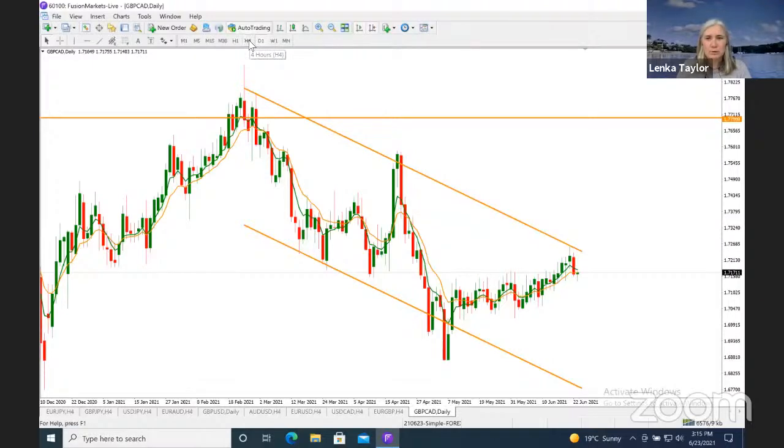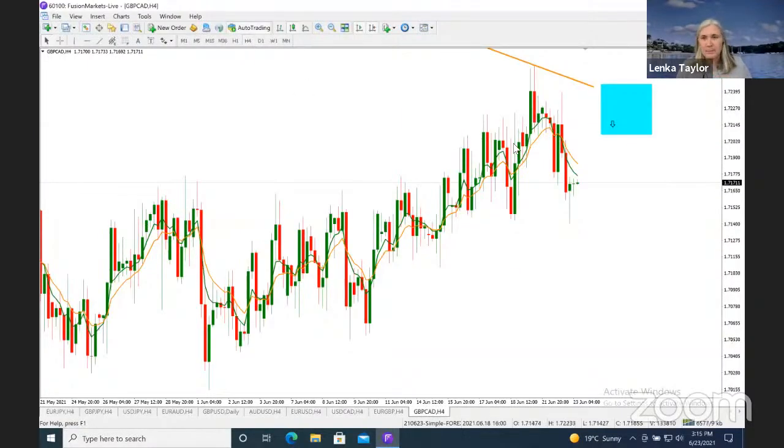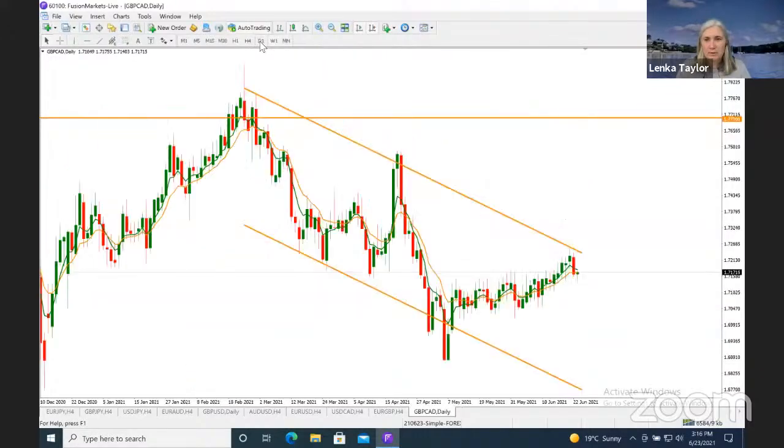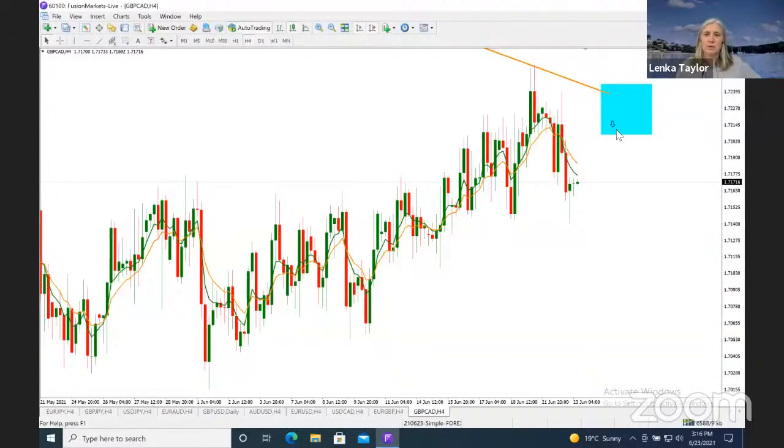So looking for a short. And in terms of the 4-hourly setup, I'm looking for a little pullback up to that channel line, and then looking for a short. On the 4-hourly chart, there is still room. So short on that one.